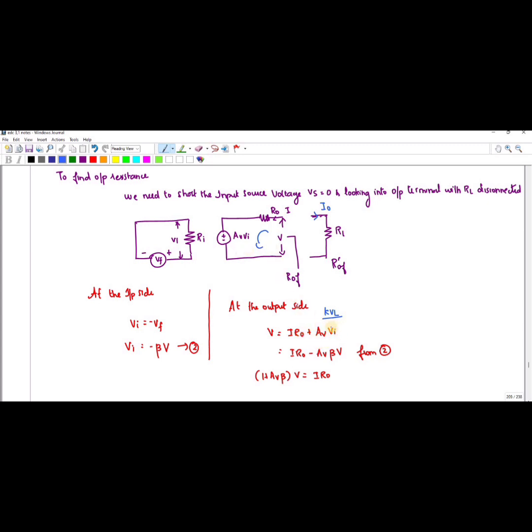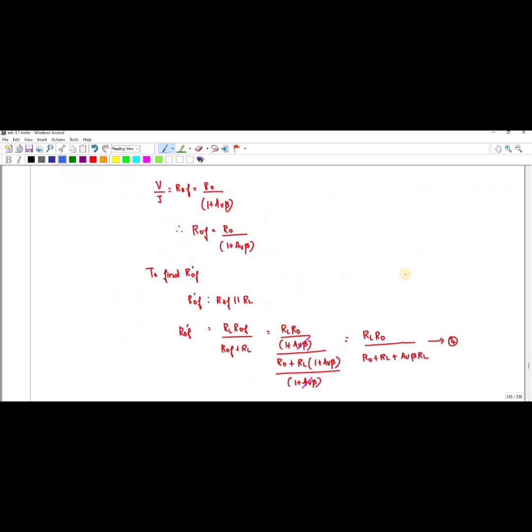We know that Vi = -beta V from equation 2. If I move to the left hand side, I get (1 + Av beta) V = I R0. So V/I is nothing but your R0f. So R0f = R0/(1 + Av beta). From this, the output impedance is decreasing by the factor of D.